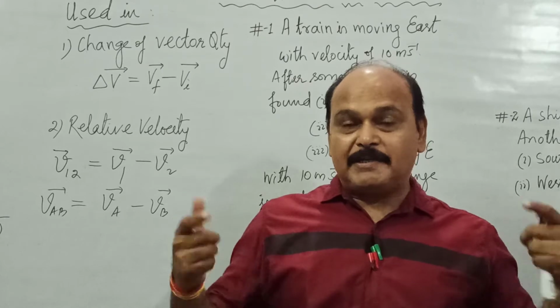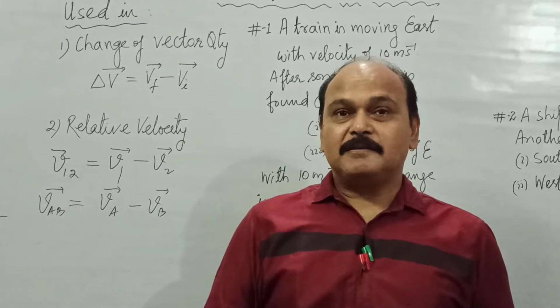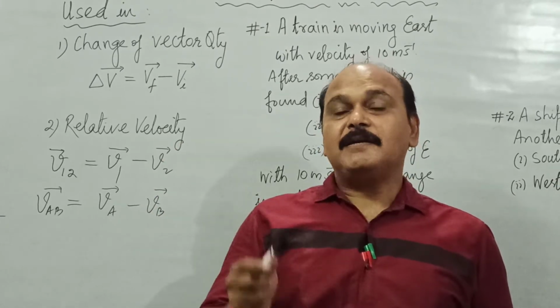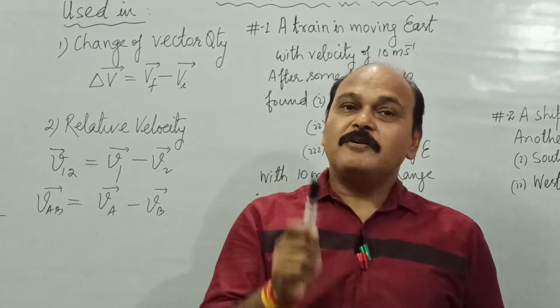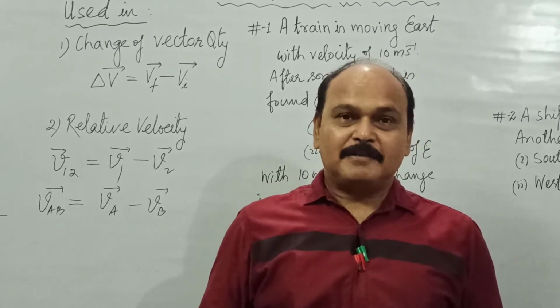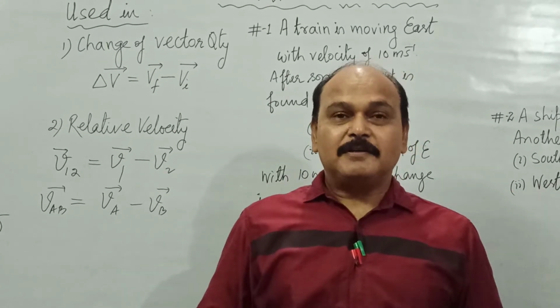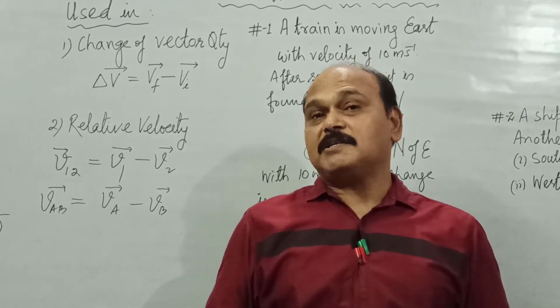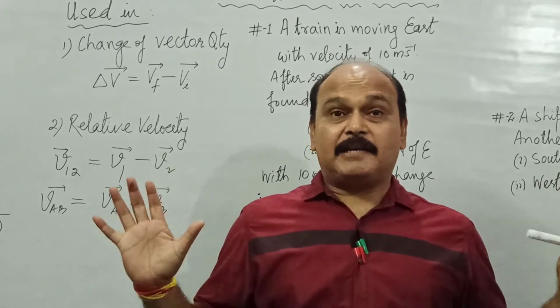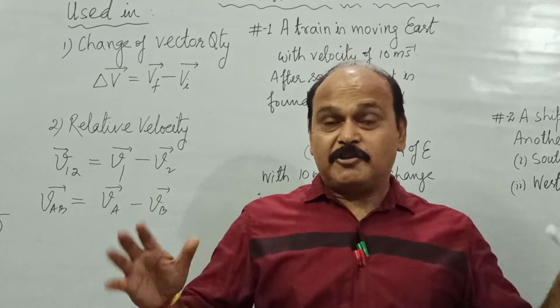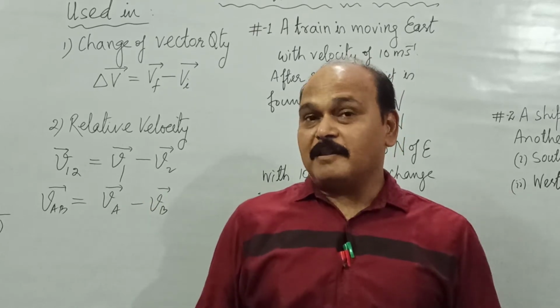So this is the inability of our human mind. Our human mind is never able to observe one's own frame of reference. And whatever we observe is always based on the assumption that we are at rest. And this observation is what is called relative velocity.